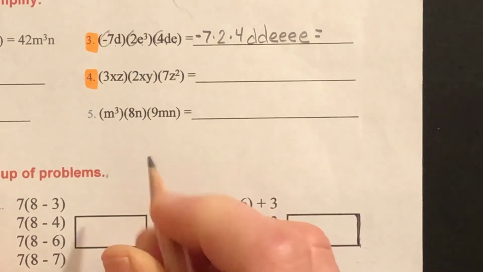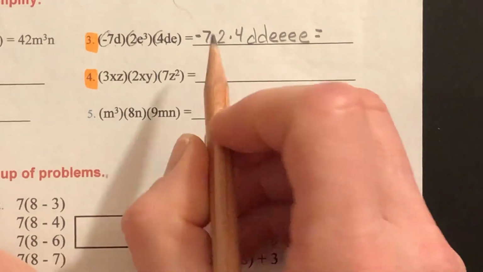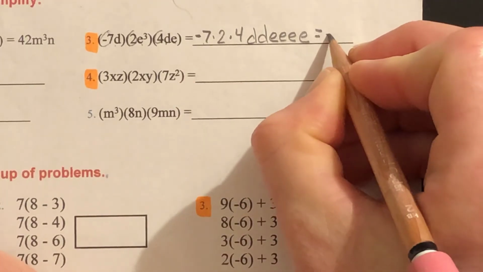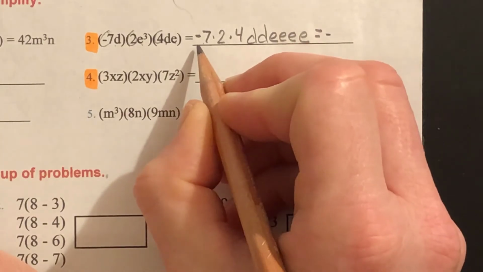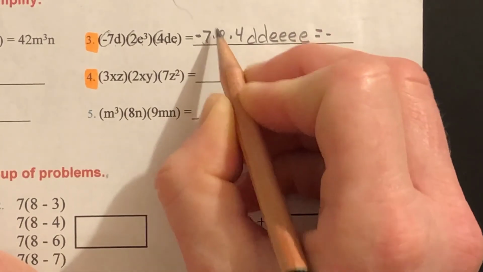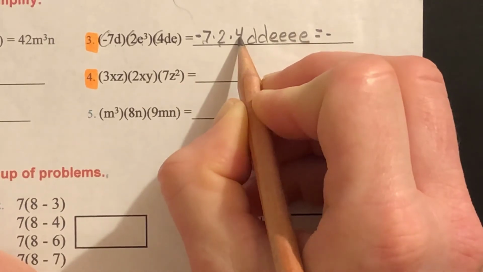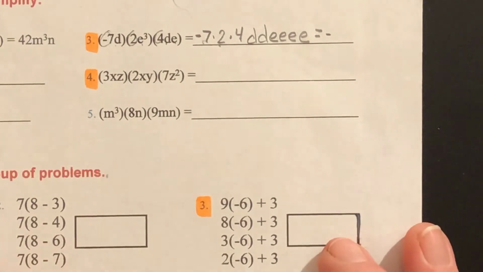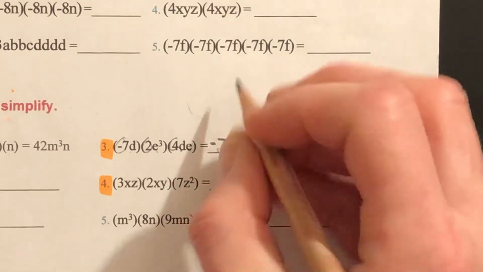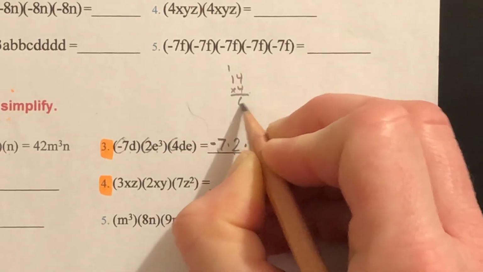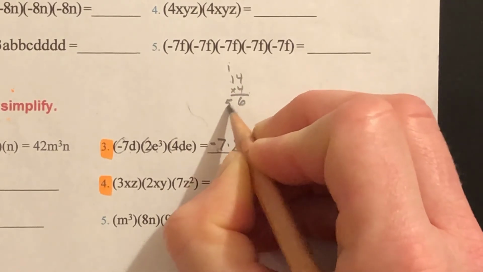Now, I will simplify it. There's 1 negative, so this will be negative. -7 times 2 is -14. -14 times 4. Let me write that out. 14 times 4, 56.